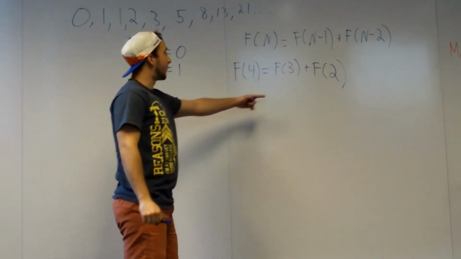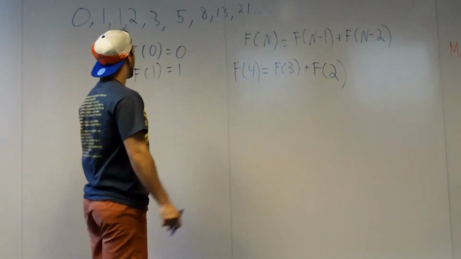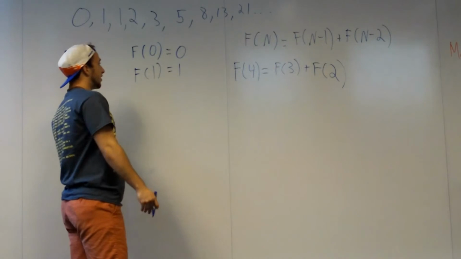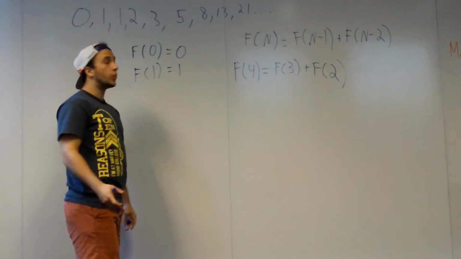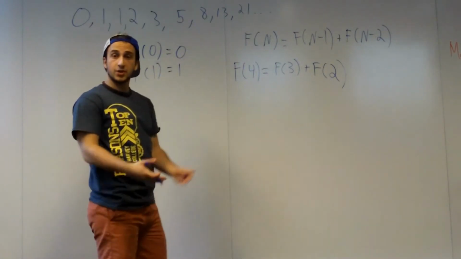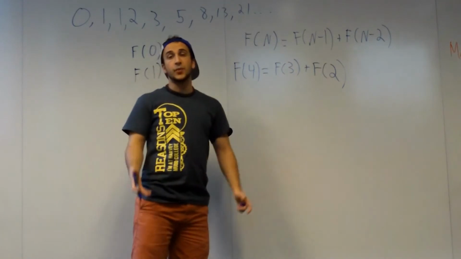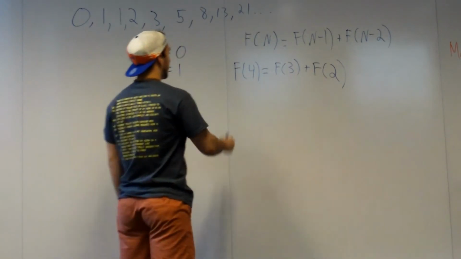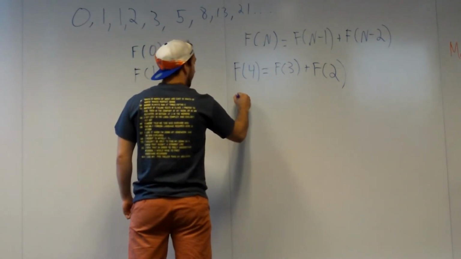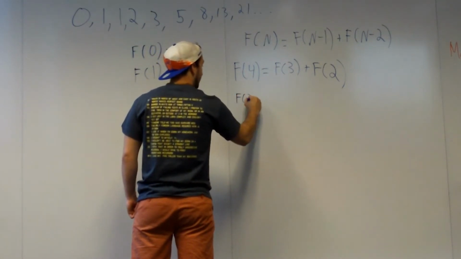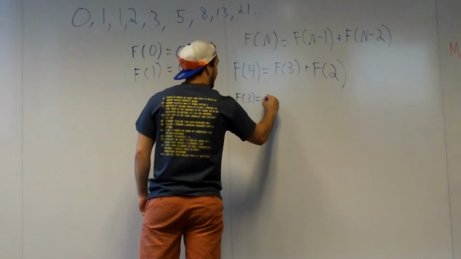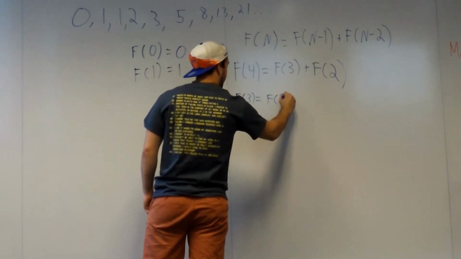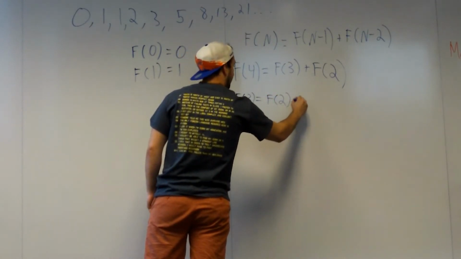F of 3 and f of 2 are also functions in the Fibonacci sequence that aren't our base case. So we need to break down this problem into an even smaller problem the same way we did with our Russian nesting dolls earlier in the video. So f of 3 equals f of 2 plus f of 1.